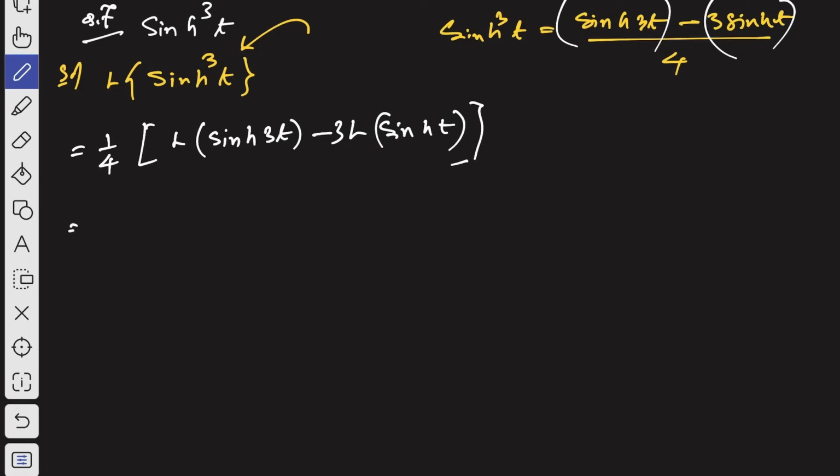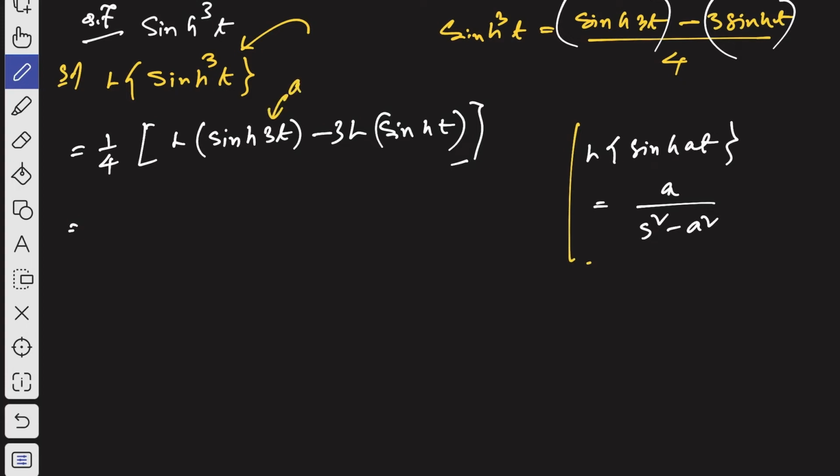Then the Laplace transformation of sine hyperbolic at is equal to nothing but a by s square minus a square. Okay, so let us apply this formula here. Instead of a we have 3 here, this is the a, right?